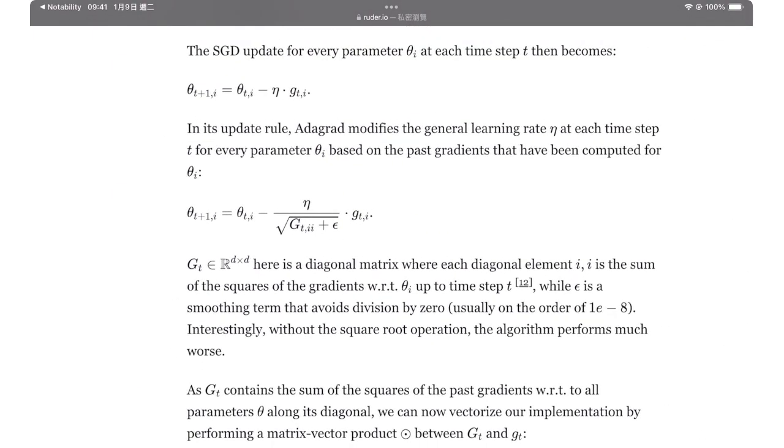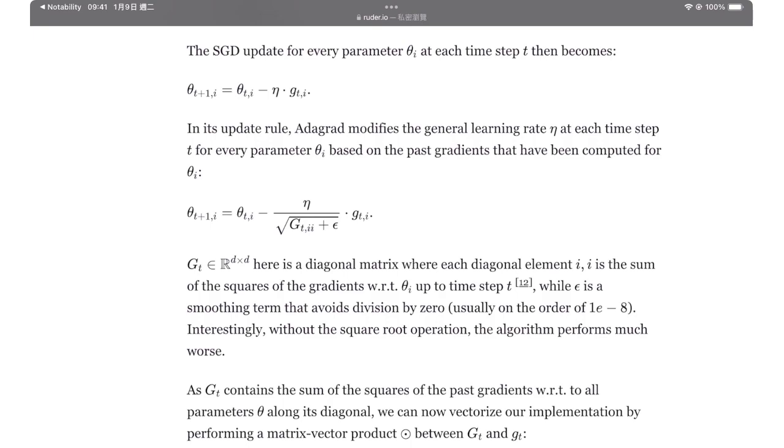Okay, so of course there are some strategies to calculate this G value. In this case, after a few epochs, your learning rate will become smaller, and that means you can find the lowest data point in a more fine-grained way.